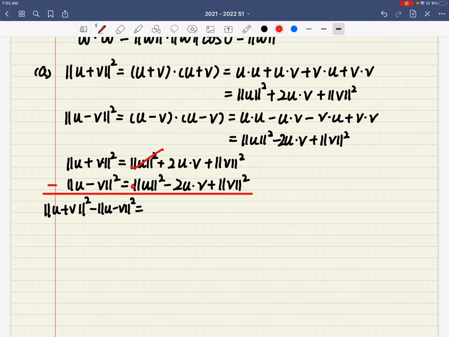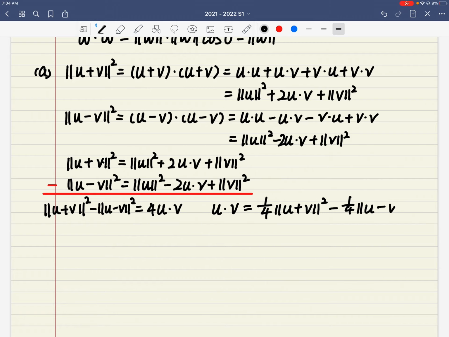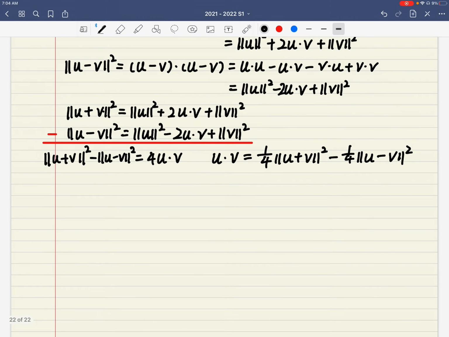So these two parts cancel out, and the right-hand side is just 4 U dot V. So U dot V is a quarter of the length of U plus V squared, minus a quarter of the length of U minus V squared. Okay, this is part A.